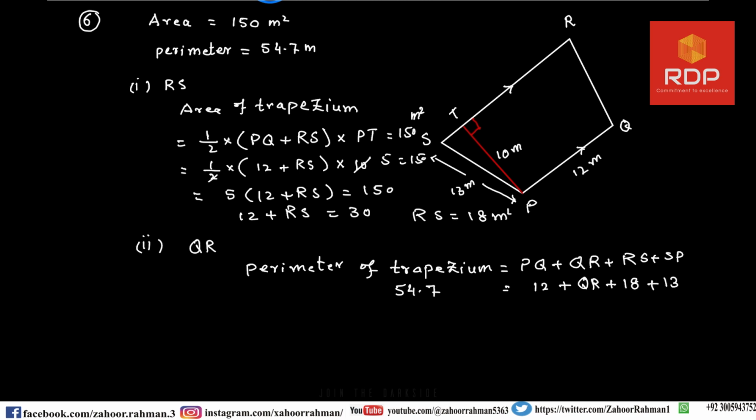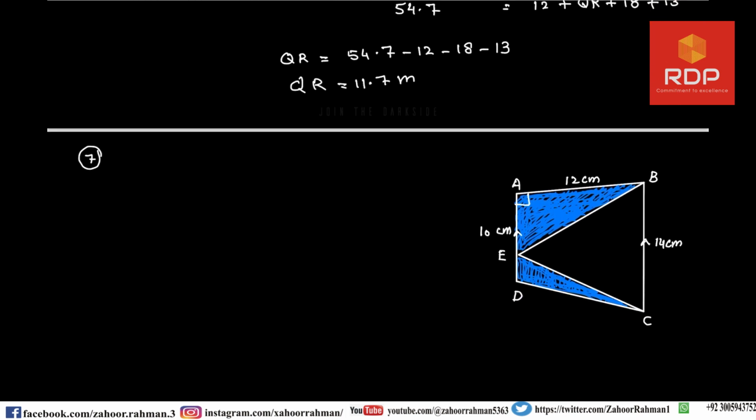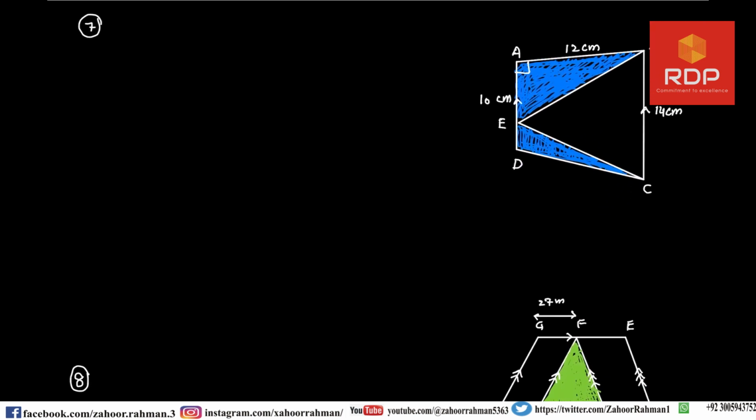So we can write that QR is equal to 54.7 minus 12 minus 18 and minus 13. In this way we will be able to find the value of QR, and that is 11.7 meter.